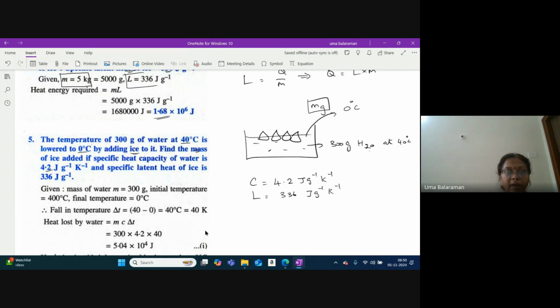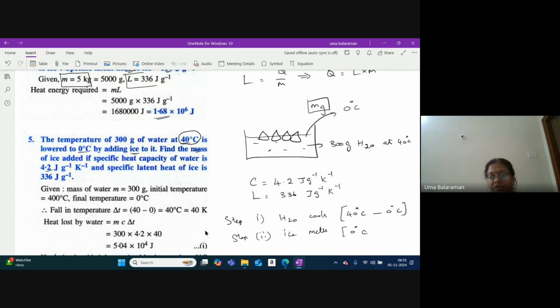So we have water at 40 degrees Celsius. Step one, water should cool from 40 degrees Celsius to 0 degrees Celsius. And step two, ice cube melts from 0 degrees Celsius to 0 degrees Celsius.